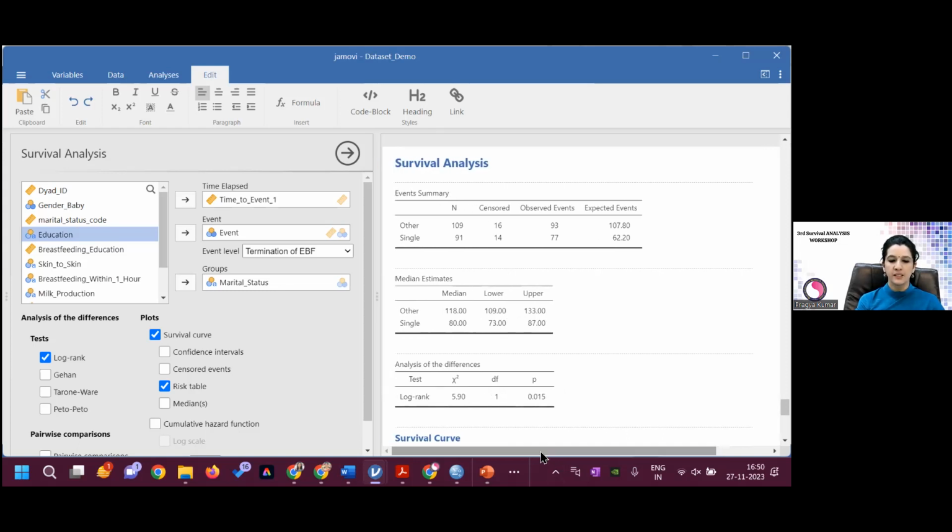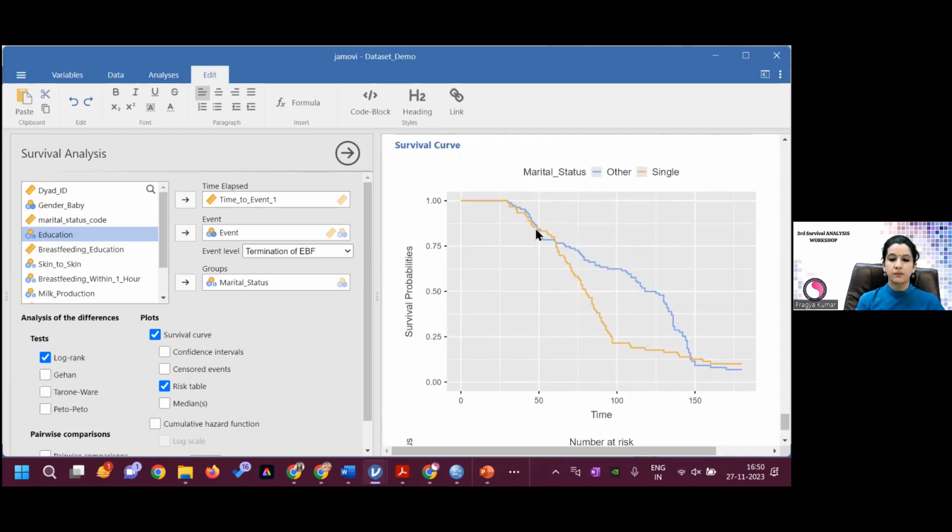Means the median survival for a single one, that means a person who is not married, is 80 days, and survival is more in the others. And here if you see the curve which is upper, that has got more survival time. Definitely at the last it has come down, but you will see that the cumulative survival is more.